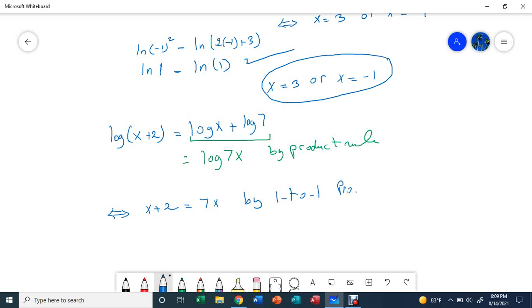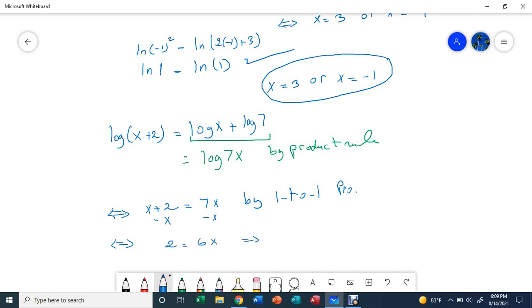Now this is just a linear equation. Collecting x's on one side, I'm going to subtract x from both sides. So I get 2 on this side and 6x on this side.